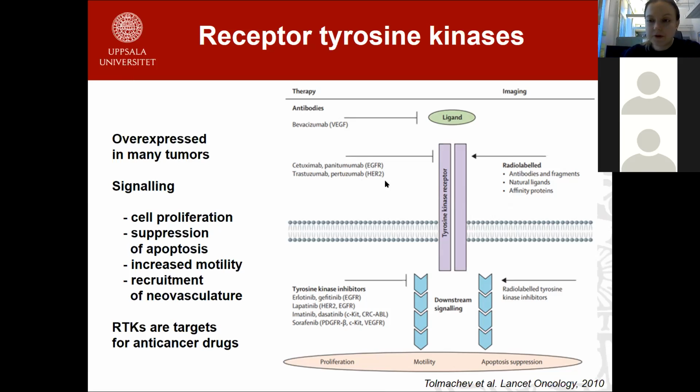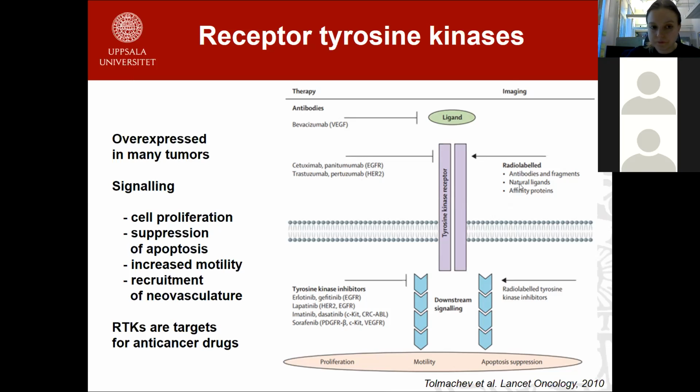HER2 is a receptor overexpressed in some kinds of breast cancer. So these monoclonal antibodies are used for therapy in clinics, but if we radiolabel them, we can use imaging to trace, for example, how many receptors the patient has. Only patients with a high number of these receptors can be given treatment.